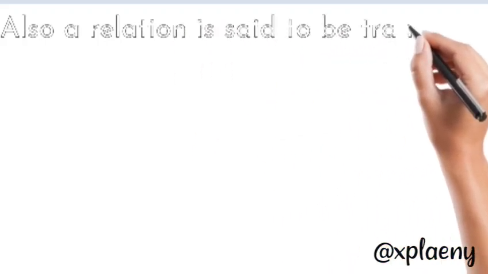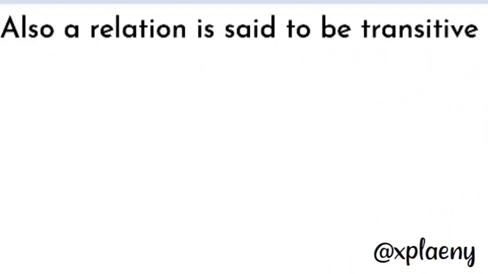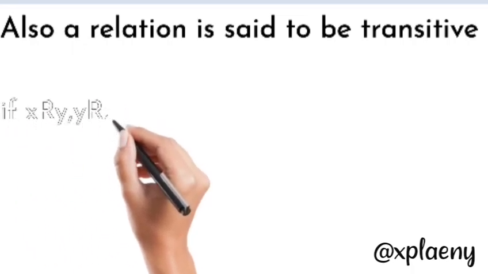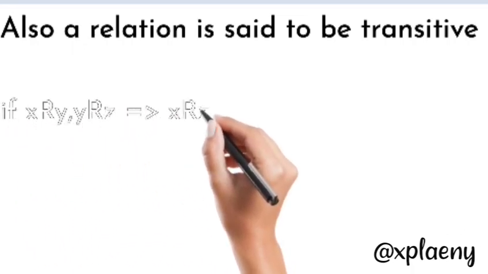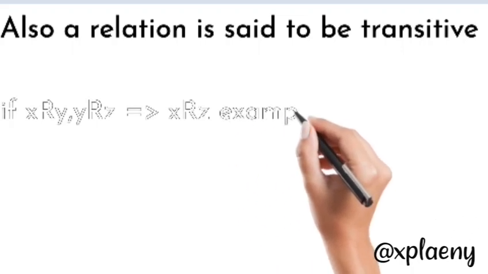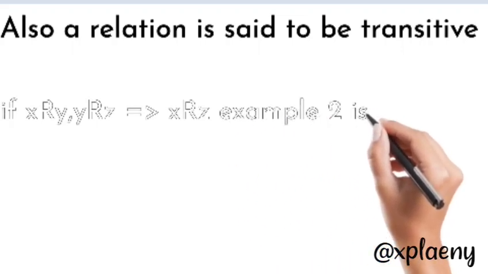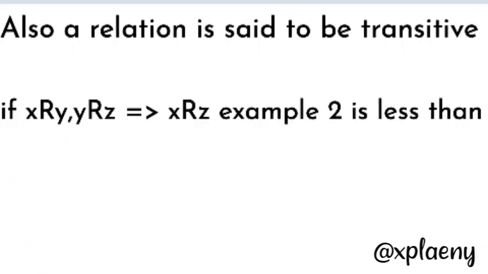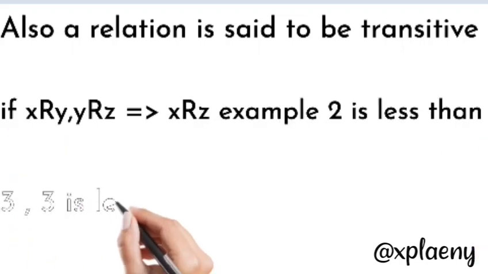Now a relation is also said to be transitive in a situation where if x is related to y and y is related to z, that means that x is related to z. So for an example, we can take a situation where 2 is less than 3, and 3 is less than 4.